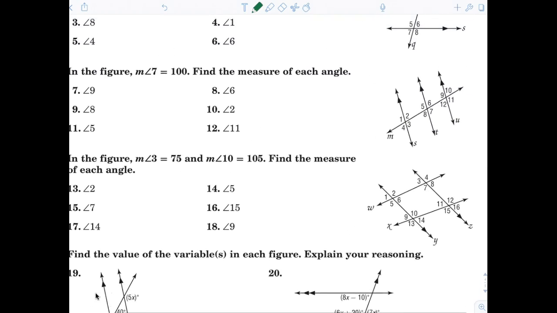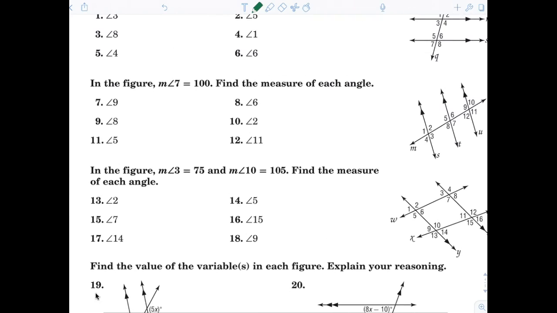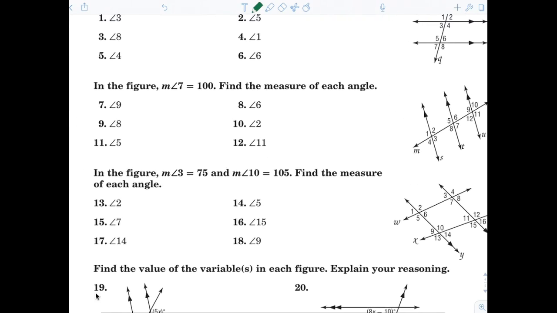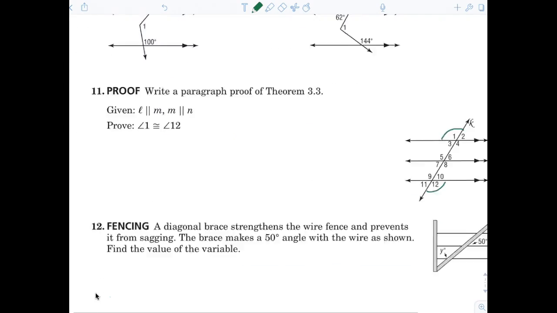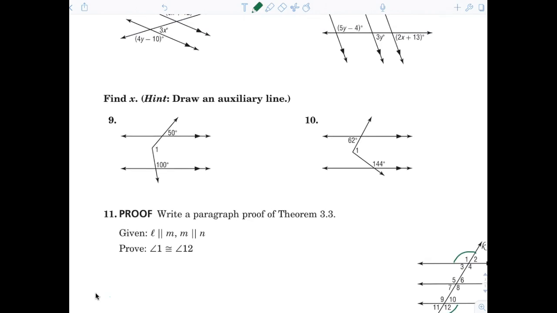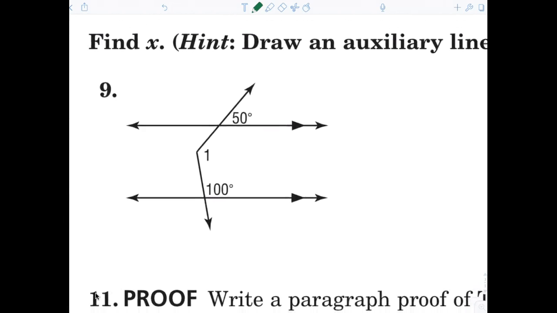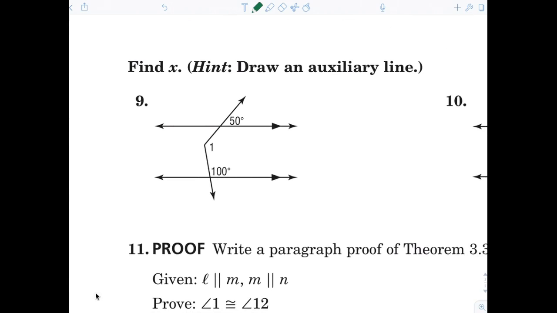All right, so on this page, it says the auxiliary line. Oh, okay. Now listen to me. What auxiliary is, it's just you're going to draw a line that's not there. Draw a line that's not there.